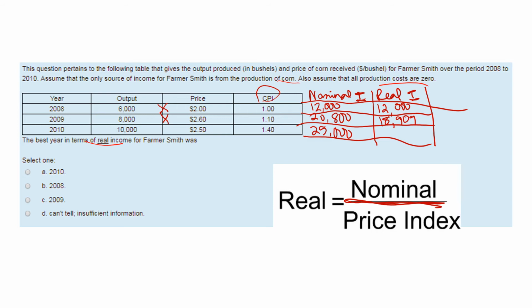Go ahead and figure out the real value for 2010. Then the highest real income, the highest out of this column, is going to be the year that you select for your answer. Okay?